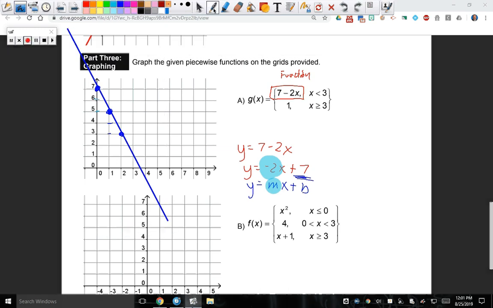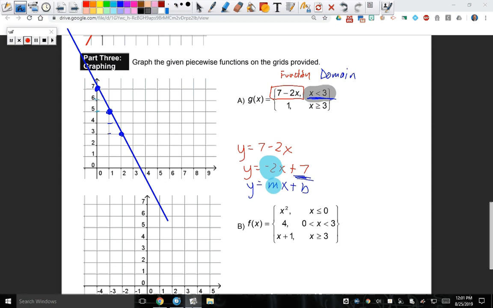I need to use the skills that we learned last class, as far as cropping the picture of that selfie analogy that I gave you. This is the domain piece, otherwise known as cropping the graph. We're only going to restrict it to where all x values are less than 3.